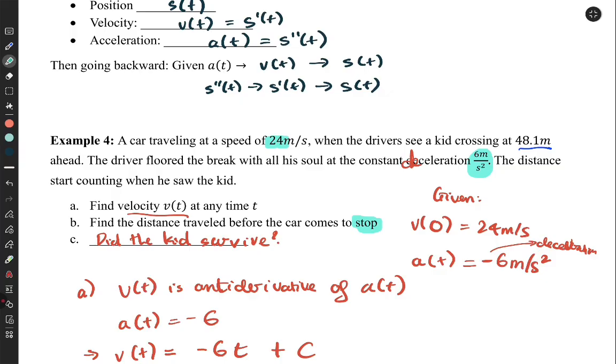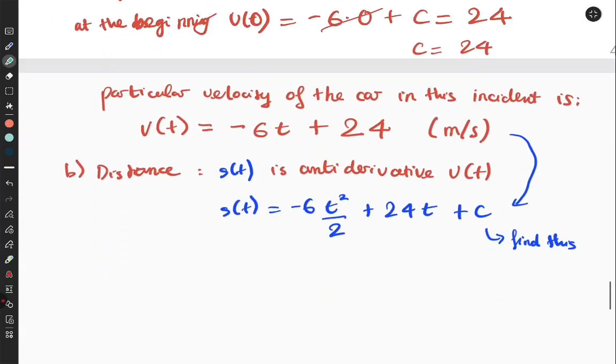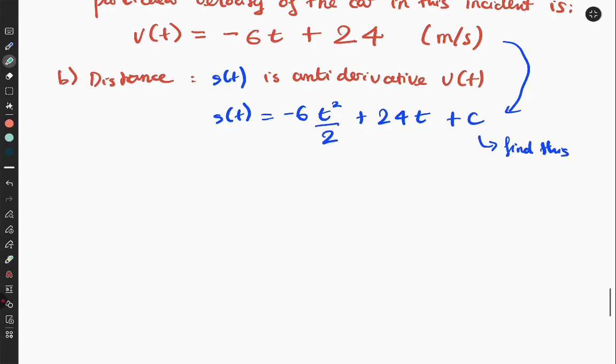The velocity has to be exactly 0, right? Any movement, any object, the moment it stops, velocity is 0. Velocity is the derivative. You need to find when it stops. When, that means t.